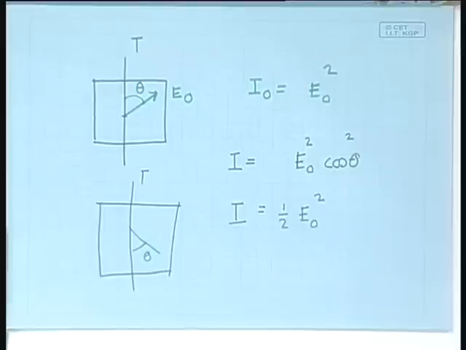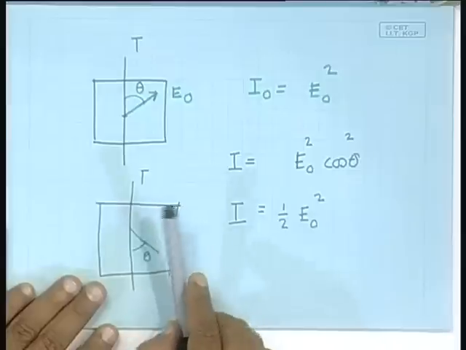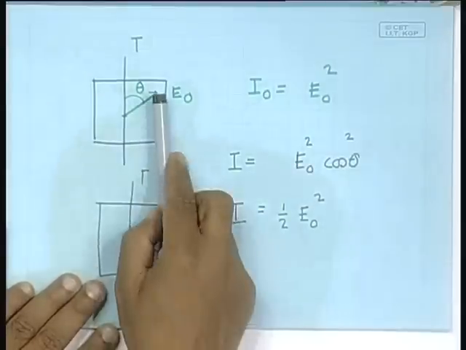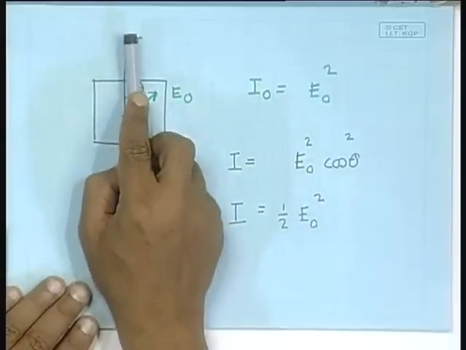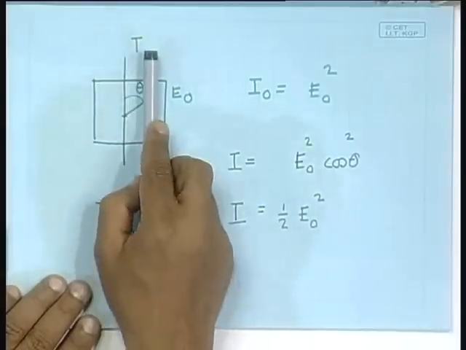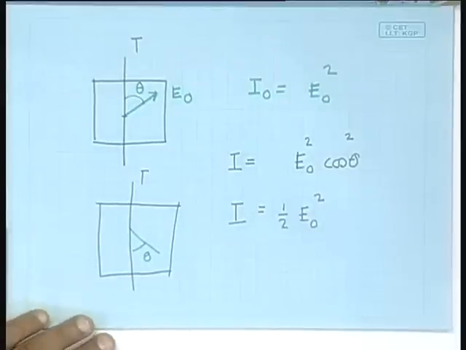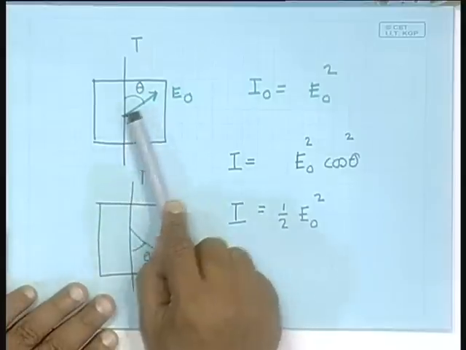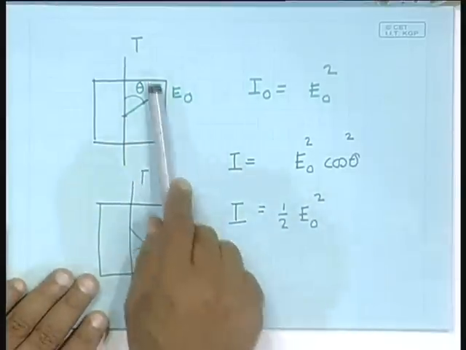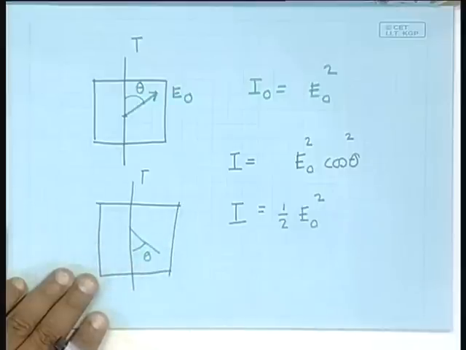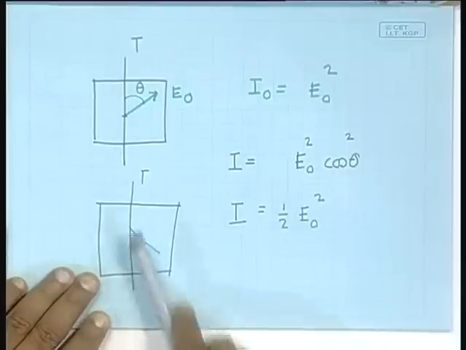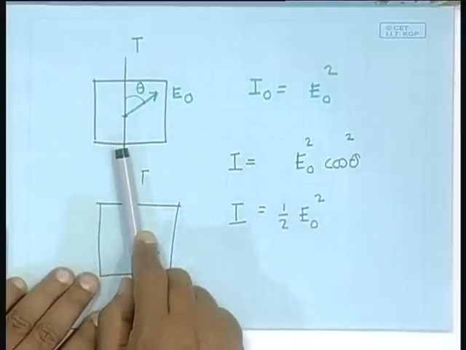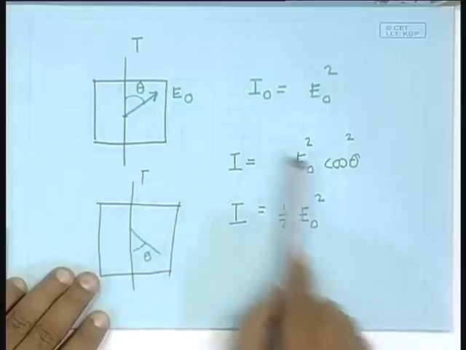So, let me remind you again of the situation that we have considered. We have natural light, which is unpolarized, incident on a polarizer whose transmission axis is along the direction indicated by T. This unpolarized light has an electric field of amplitude E naught whose direction varies randomly and very rapidly. The polarizer only allows the component of the electric field parallel to the transmission axis to come through. So, this component is E naught cos theta.